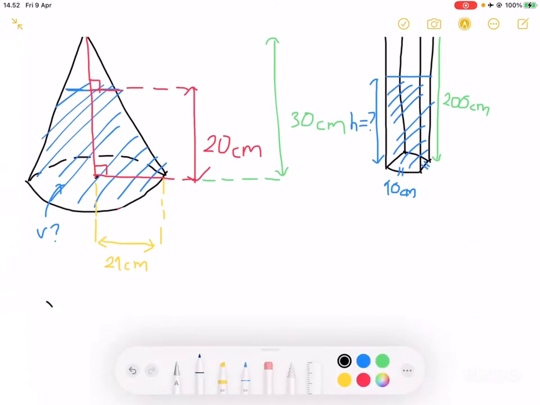The volume of water, let me just label it, is equal to the volume of the huge cone minus the volume of the small cone formed by the surface of the water.